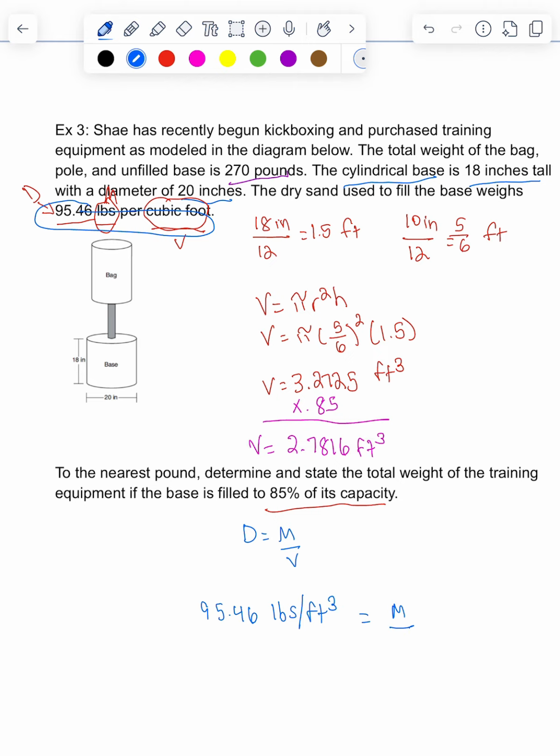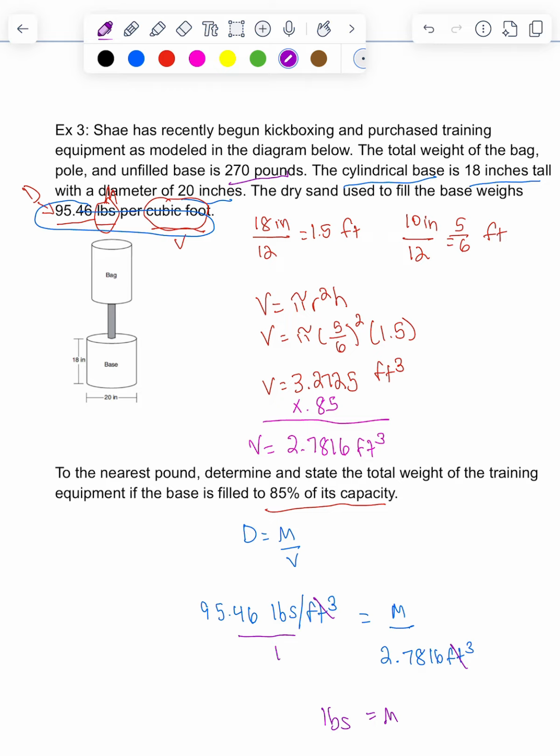We're looking for the mass, and the volume to 85% of the capacity we just found is 2.7816 cubic feet. And look, our volume units are both cubic feet, and they're canceling out, so that's great. That means when we cross multiply, we're going to have our answer in pounds, which is what we want.